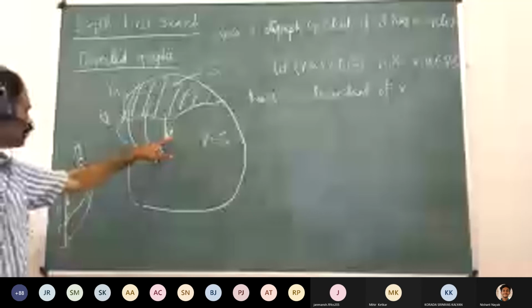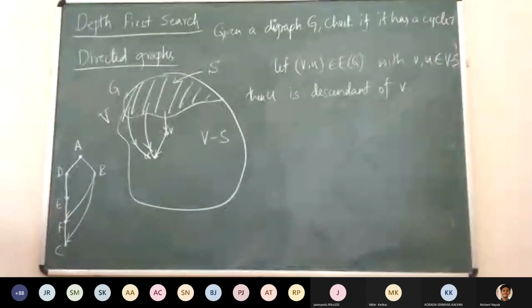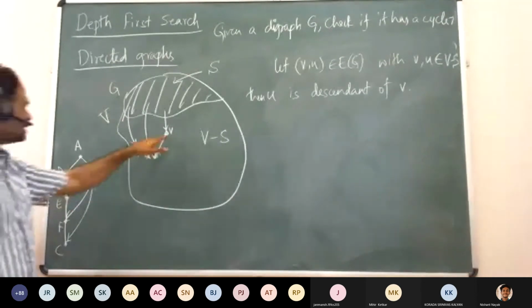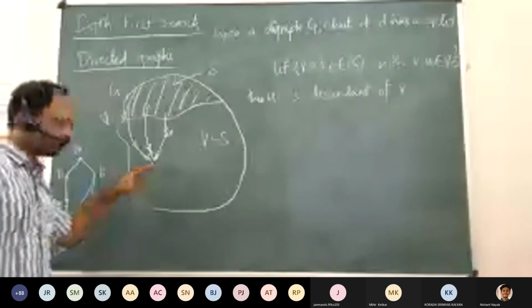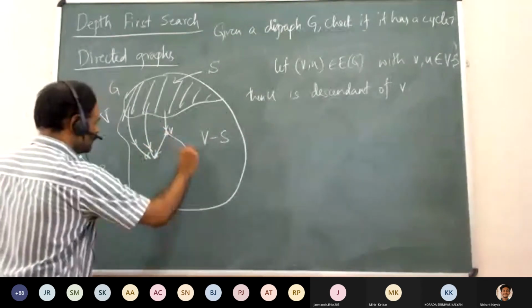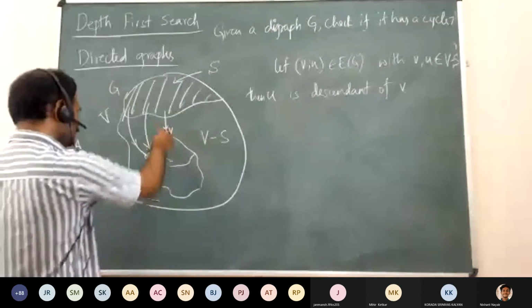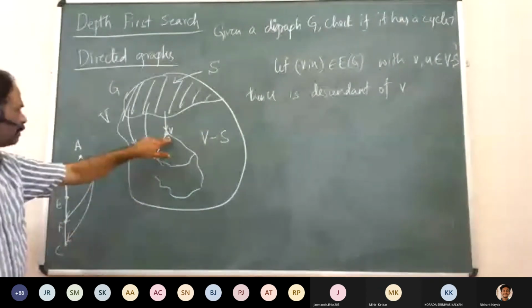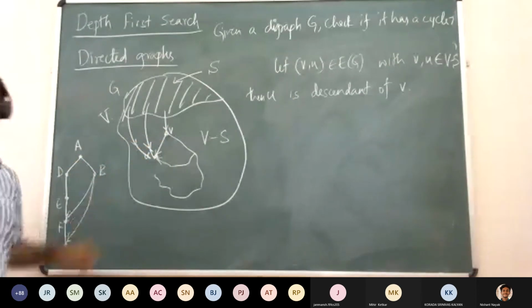Since the edge VU is always there, the DFS would not backtrack from V before discovering U. Since this edge is always a candidate for the discovery of U, if it has not been discovered till now, it would be discovered using this edge VU.